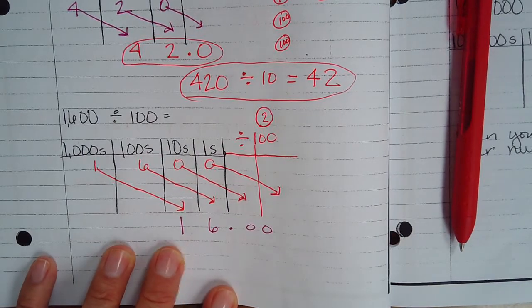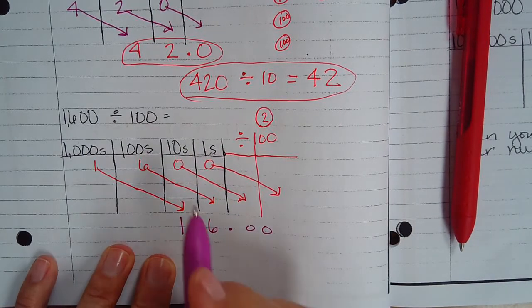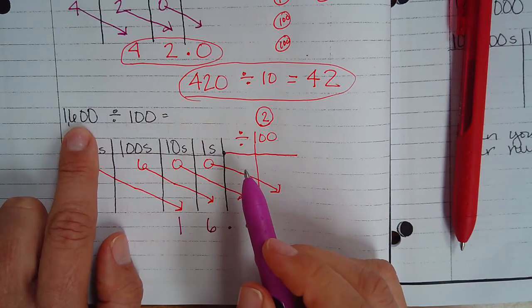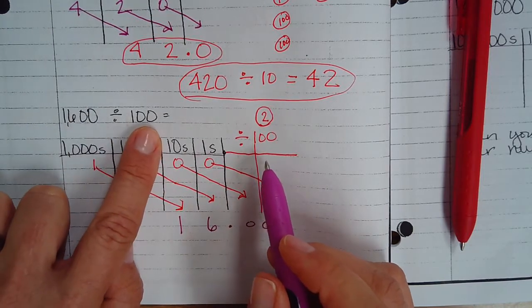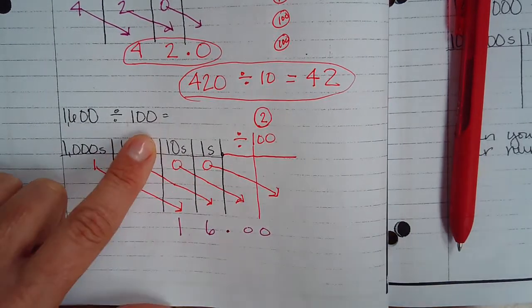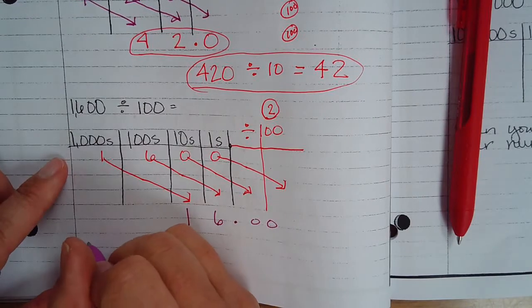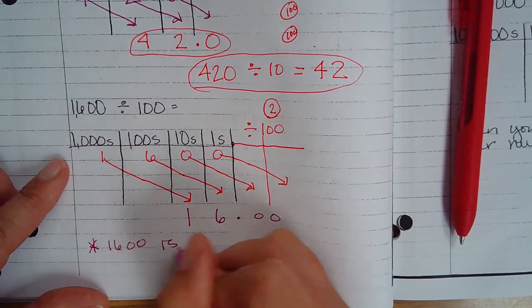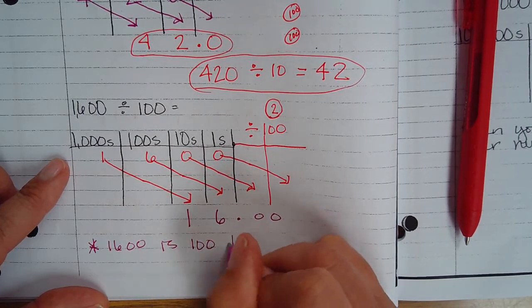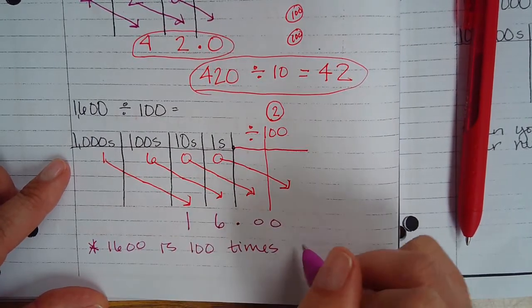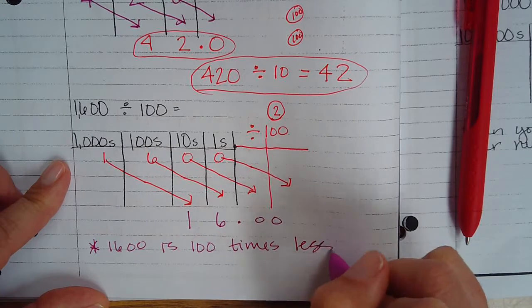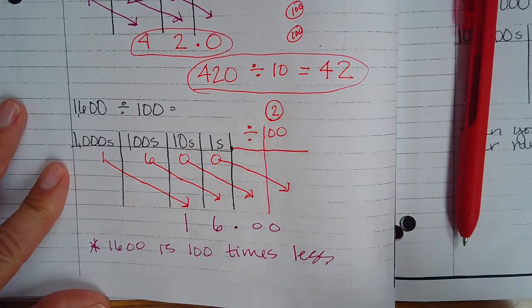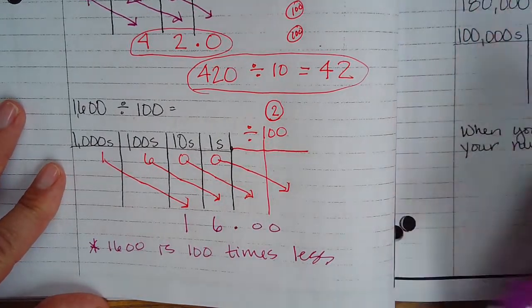So now we have 16.00, right? So now 1600 is 100 times less. It's 100 times smaller. Yes?